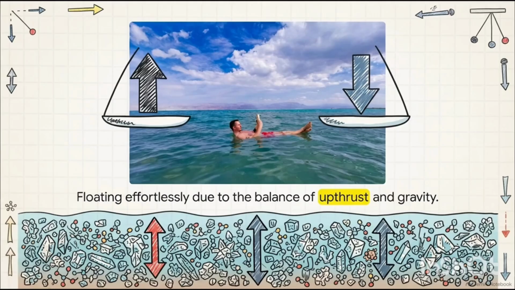The upward buoyant force of the salt water is exactly equaling the downward gravitational pull of your body weight. Because those two opposing forces are locked in a complete tie, you don't sink. You achieve a perfect invisible balance. Fun fact, this is exactly why it's so incredibly easy to float in places like the Dead Sea. All that extra salt makes the water far denser, which drastically increases the upward buoyant force, keeping you afloat.